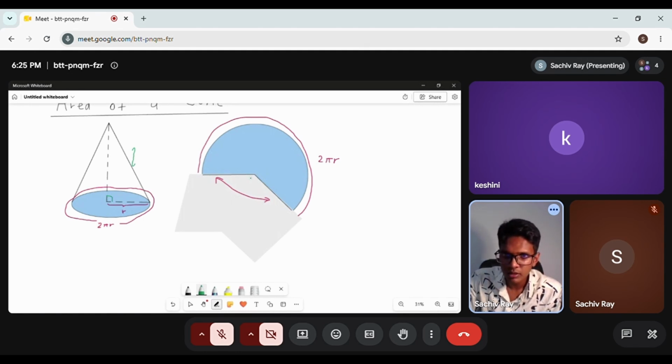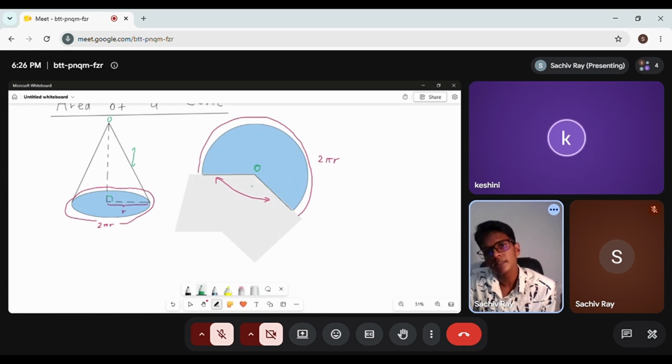So which is the center? This tip is the same center as this. I'll name the center O, so this is also going to be O, because that's what closed in. These two parts met each other, or merged rather. Are you clear with that? Yes, sir. And if this is l, what is l in this shape?